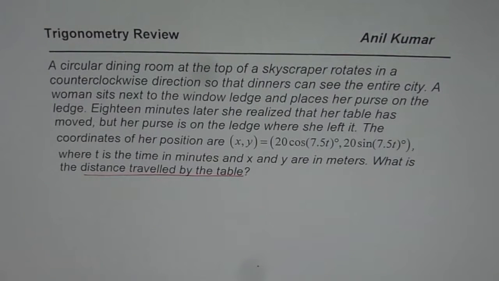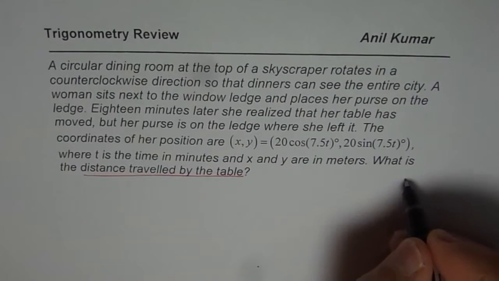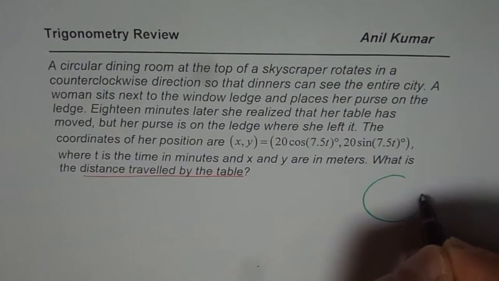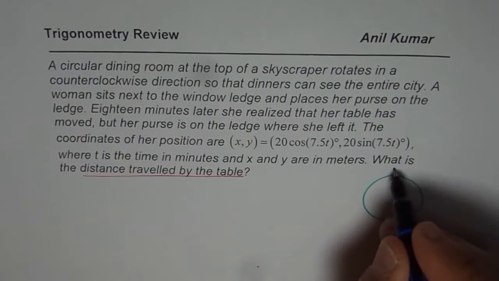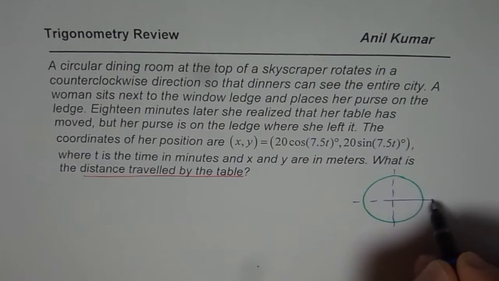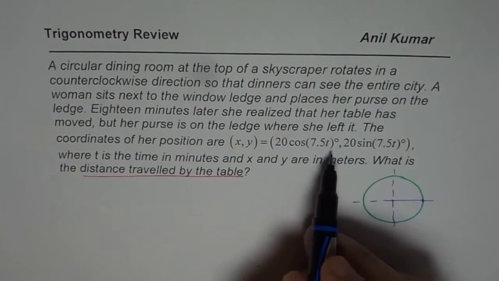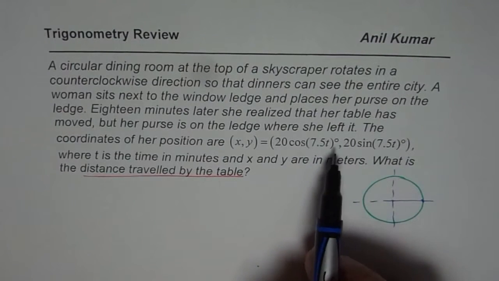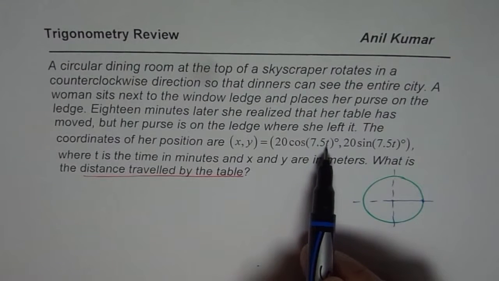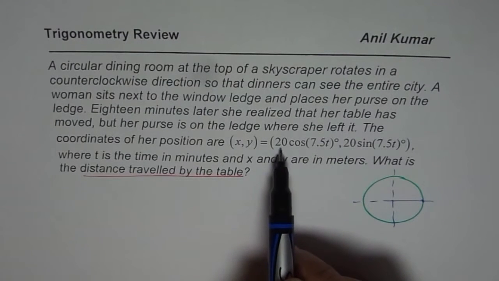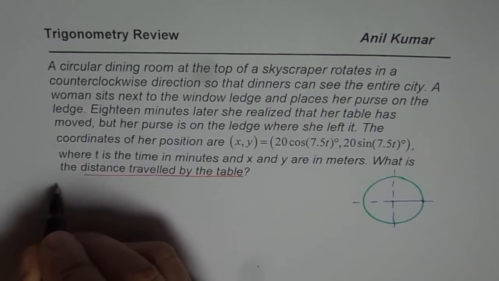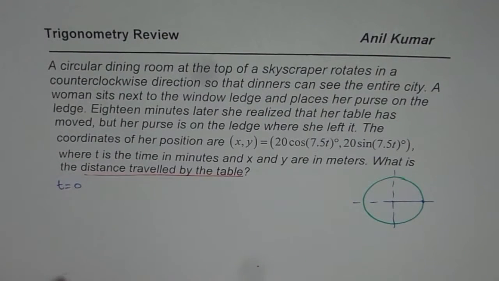Now, how are you going to answer this question? Let's make a small sketch here. So it's a circular table, let us say, and the starting position. When t is 0, what happens? If I put t as 0, then the cos value will be 20. So the first step is at t = 0, what is the position?